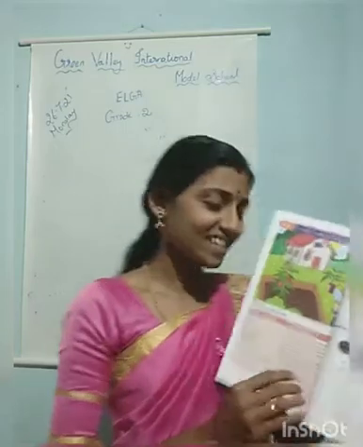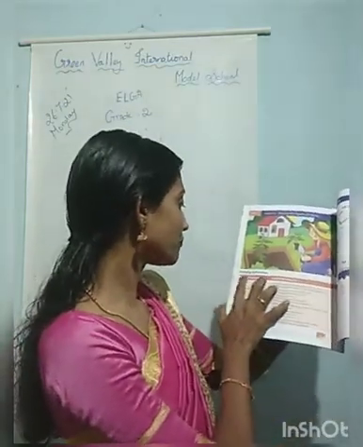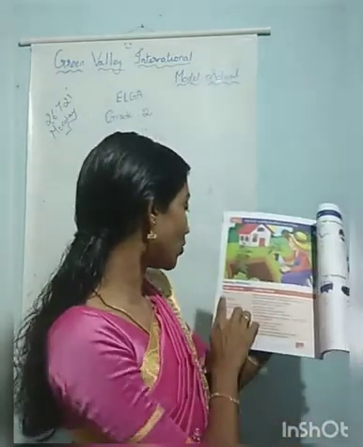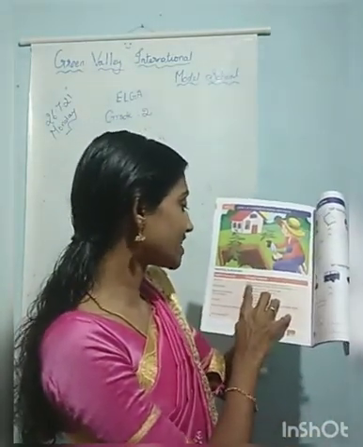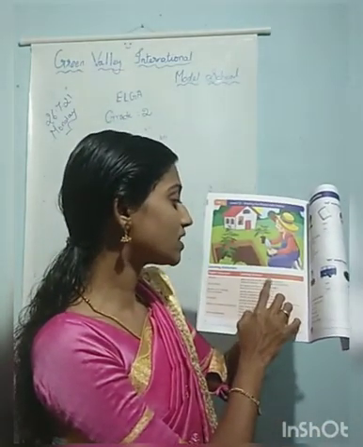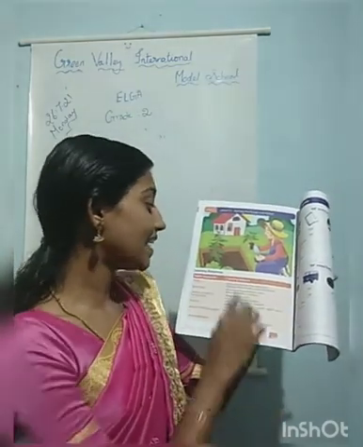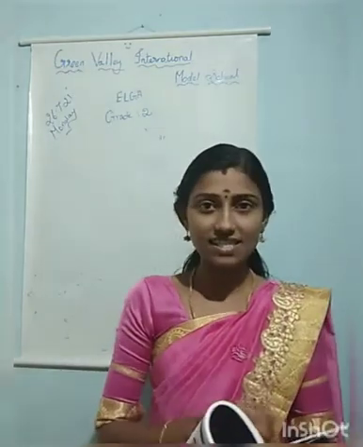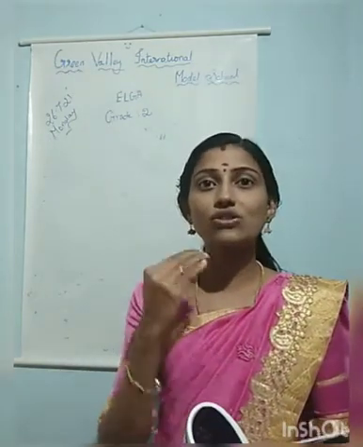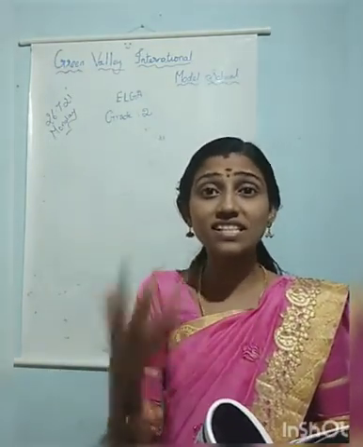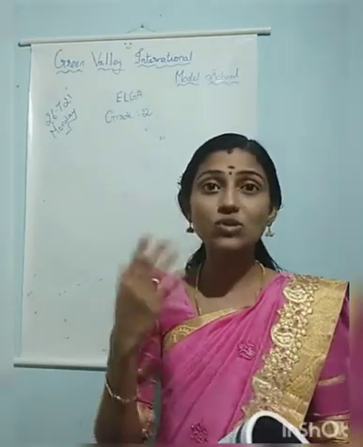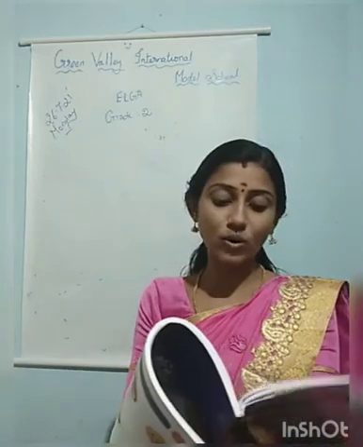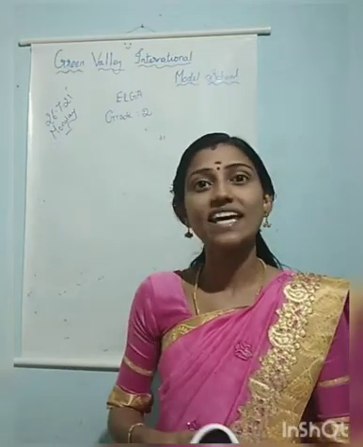First you are going to learn phonics: read and write words with vowels A and E. Then distinguish between letters, words and sentences. Here you are going to learn the differences between letters, words and sentences.